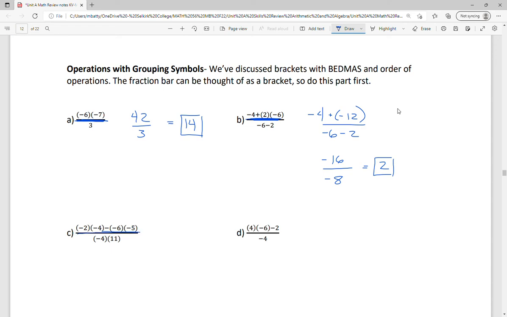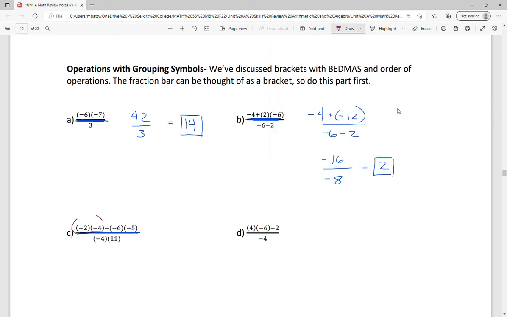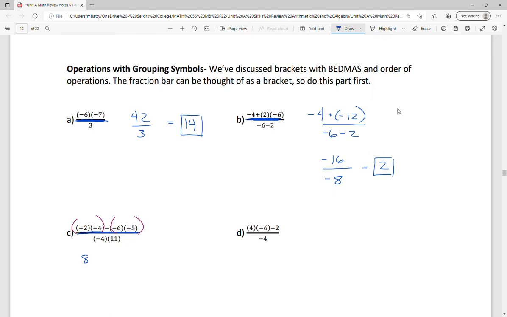So next one here, I'm going to prioritize, and I'm just going to switch colors to show you. I'm going to prioritize this multiplication and this multiplication, then the subtraction in between. So I'd have negative 2 and negative 4 is an 8 minus a 30 on the top. And the bottom, you can do it now or you can do it later. I'm going to go negative 44.